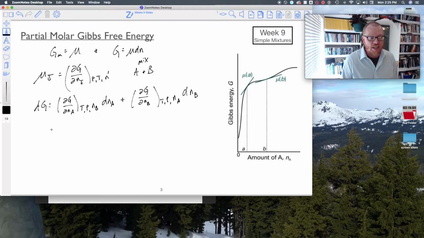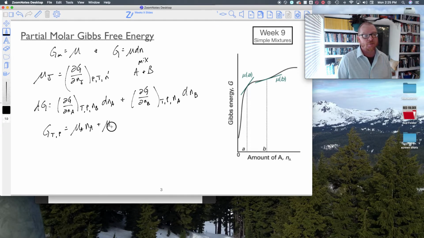Okay, such that now I could write my Gibbs free energy at constant temperature and pressure equals simply mu A NA plus mu B NB. So it reduces to that simple equation right there, which is what I see right here.